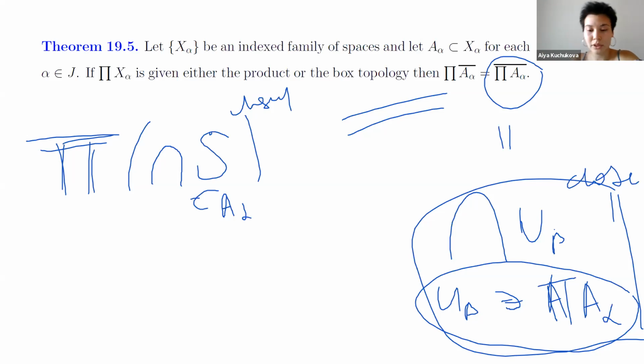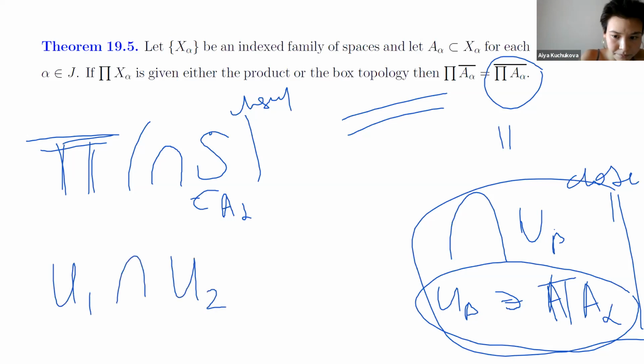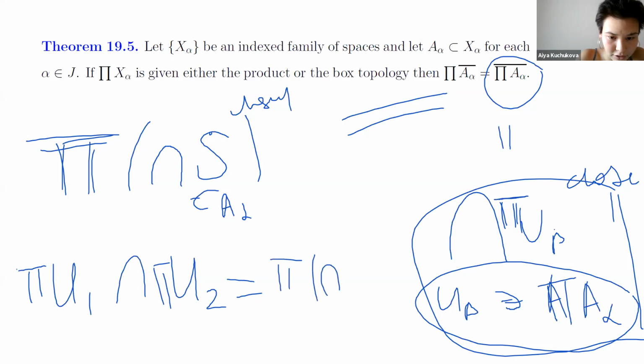Then how do we go about it? Well, I guess we can use the definition that we had before, that an intersection of these two, sorry, here should be this actually. So the intersection of these two would be the cross product of the intersections of, say, U1, 1, U2, 1.